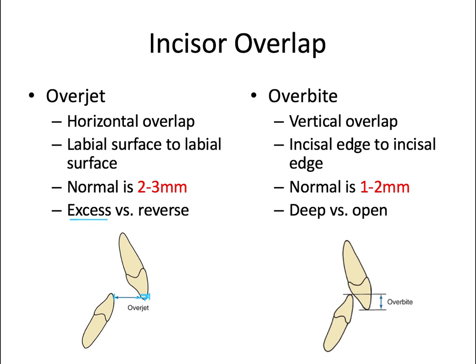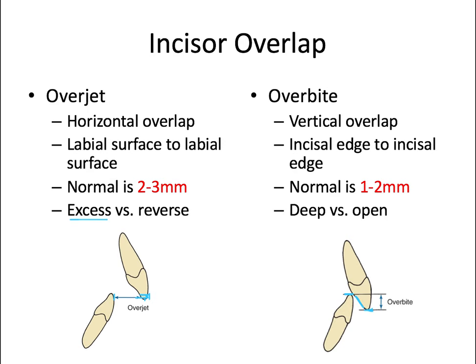For overbite, that means the vertical overlap of the incisors. This is measured from incisal edge to incisal edge. So normally, the lower incisors should again contact the lingual surface of the upper incisors, but it should be at or above the cingulum, so somewhere in this region.